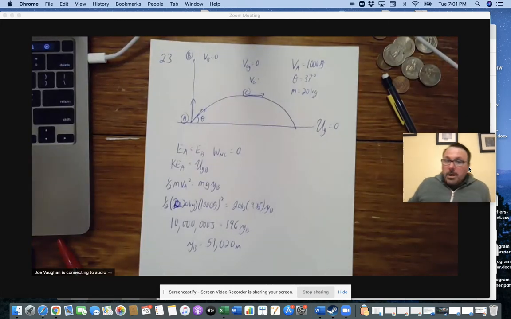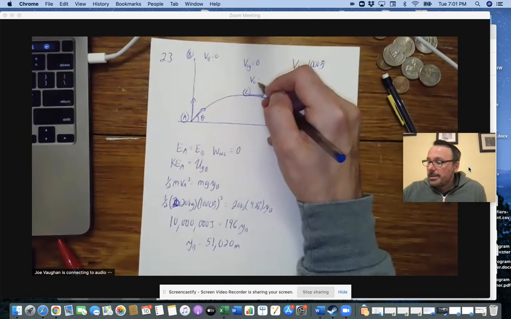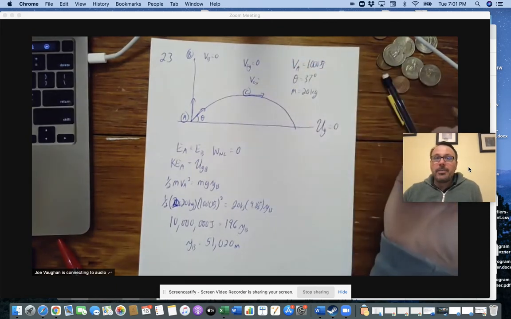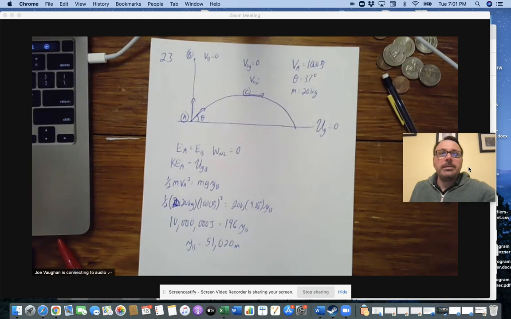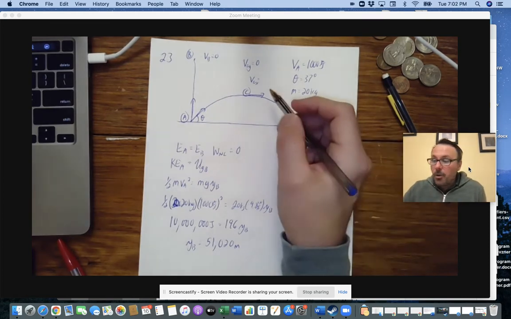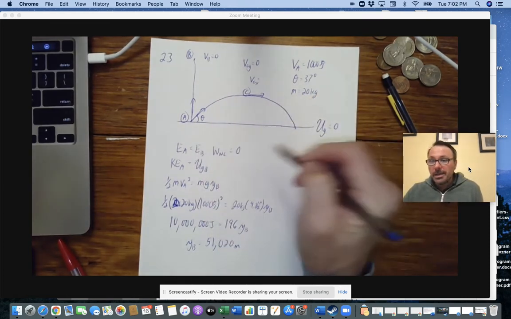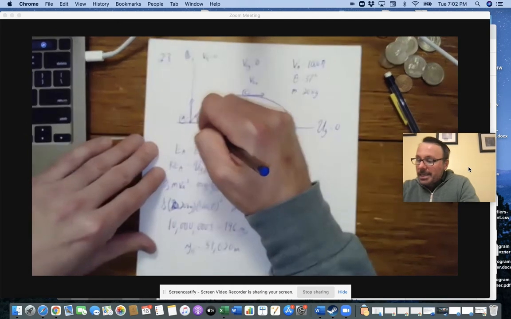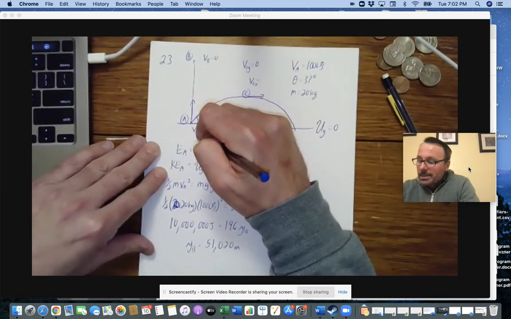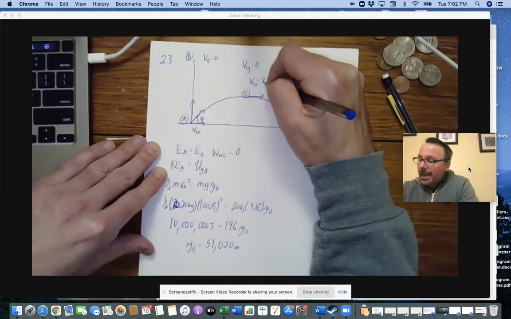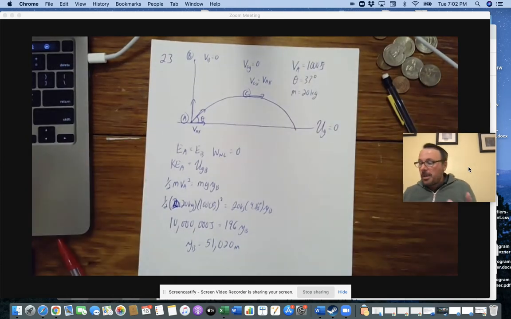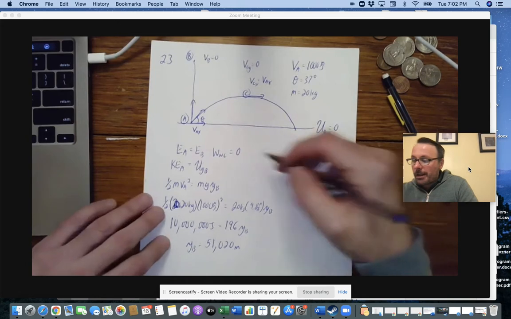So I know that the x component here is all that's left, so VCX. And the great thing that I know here is that the x component for projectile motion is a constant. So that means the x component of the velocity at A is equal to the x component of the velocity at C. So all I need to do this problem now is find out what the x component at A is.